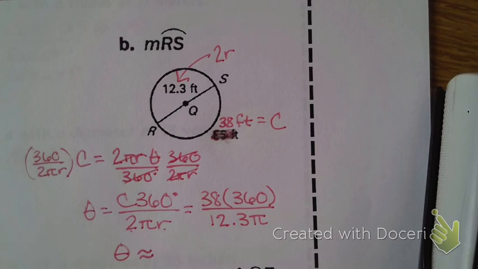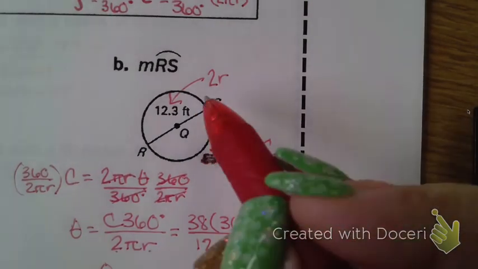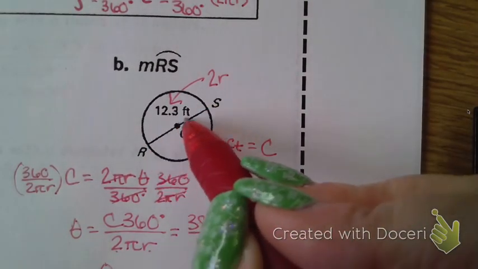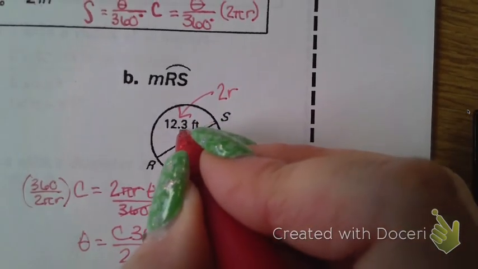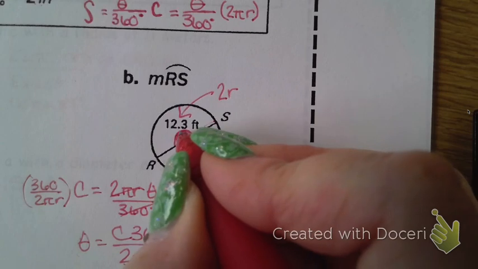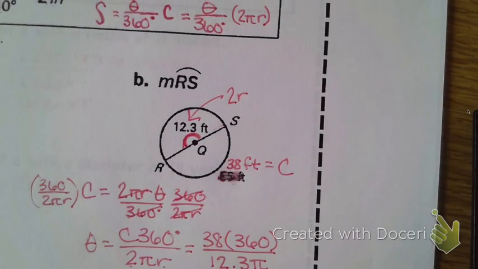Well, I'm going to tell you the angle should be 180. I don't think we did anything wrong, do you? Why did I tell you your angle should be 180? If that's the diameter, right? Shouldn't that be 180? Yes.